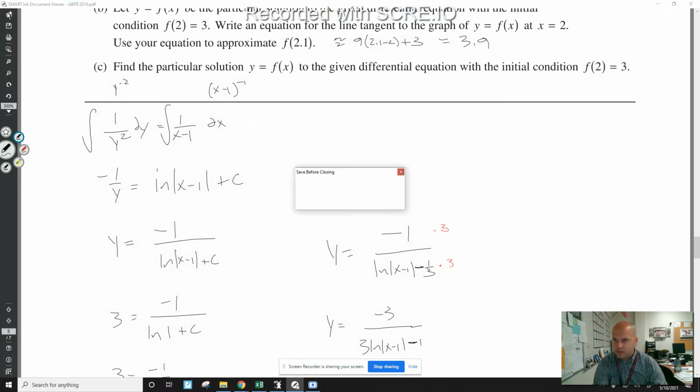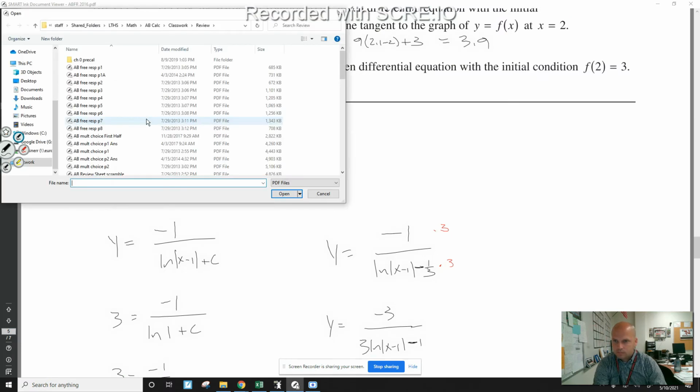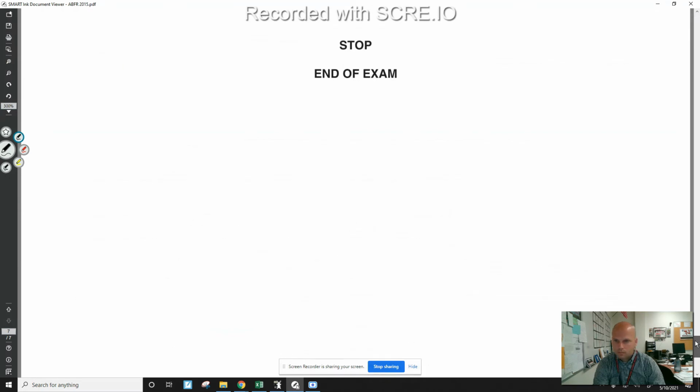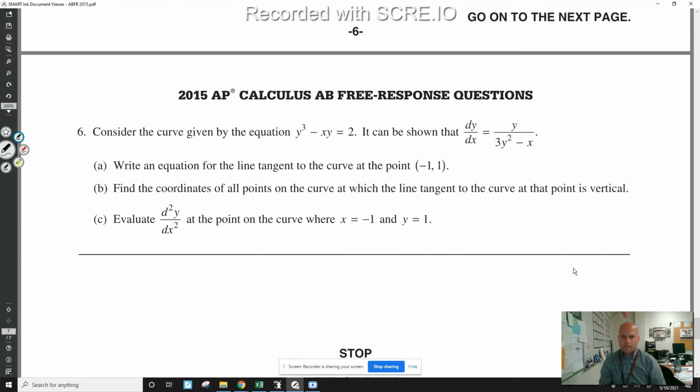2015, number 6. A lot of times with differential equations, part of it is to solve.